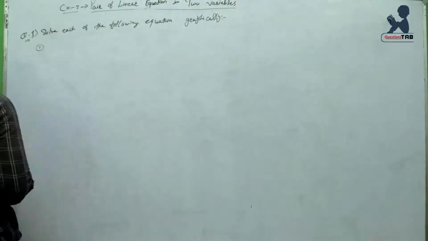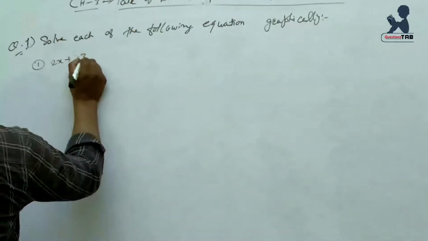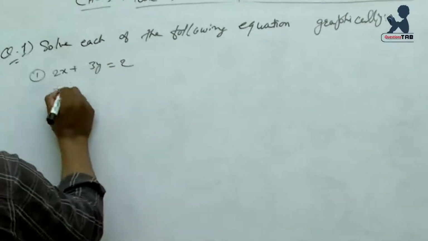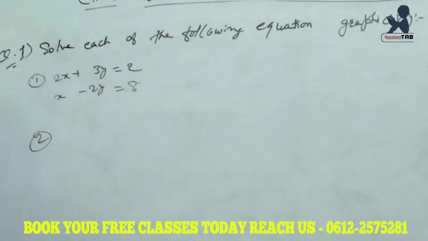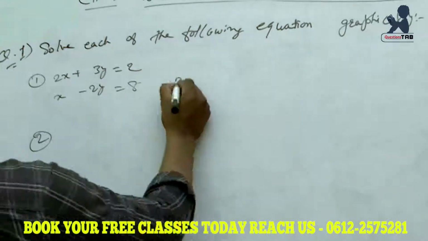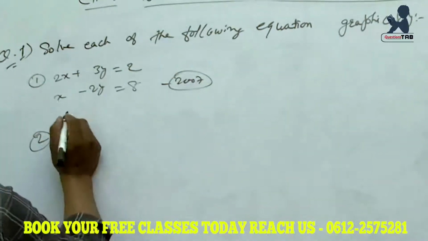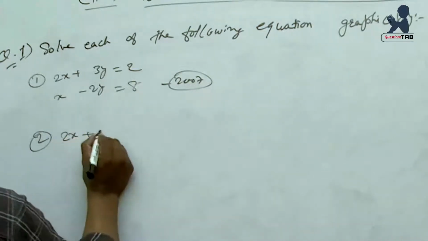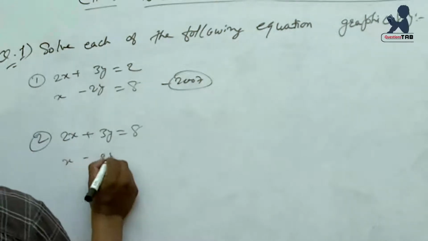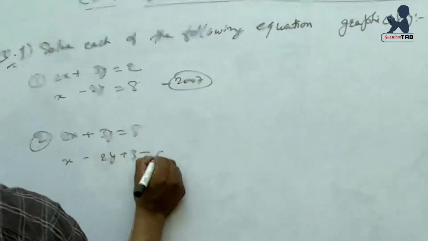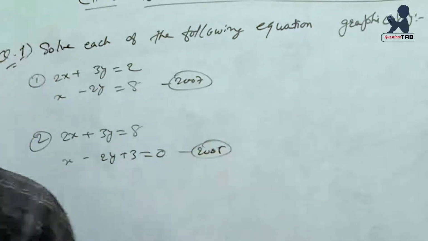Our first question is 2x plus 3y equals 2, and x minus 2y equals 8. It came in 2007. Second question is 2x plus 3y equals 8 and x minus 2y plus 3 equals 0, from 2005.